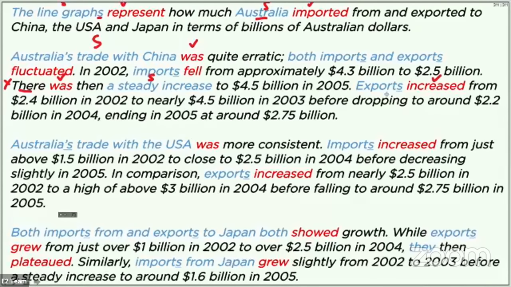Exports increased. Australia's trade with the USA was, imports increased, exports increased. Both imports from and exports to Japan both showed growth. Exports grew. They, here's a pronoun. I guess I'm talking about exports here because I'm saying it again. They, exports, plateaued. Imports from Japan grew.